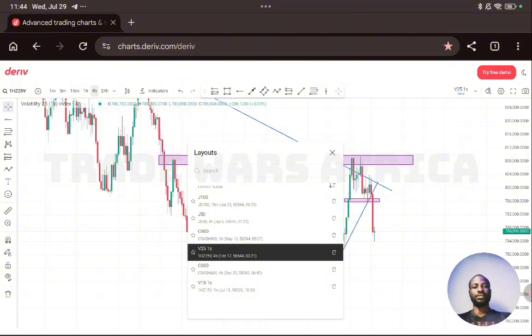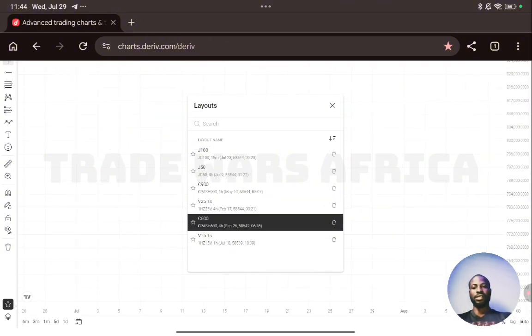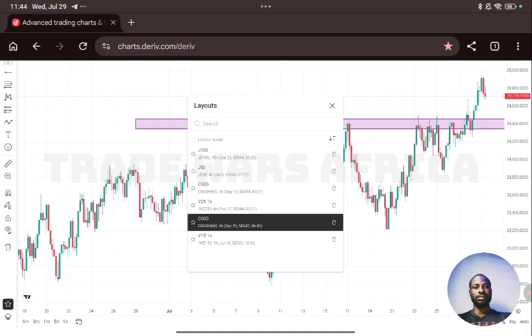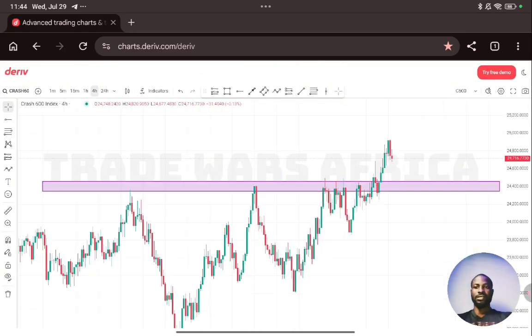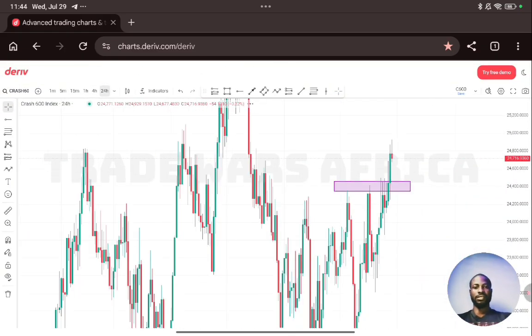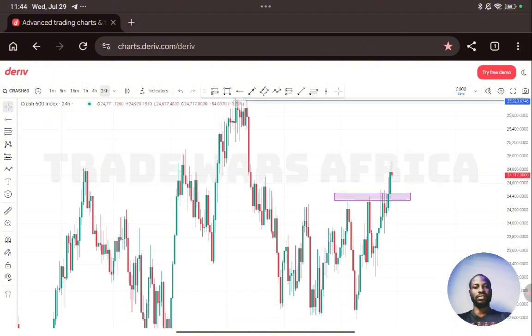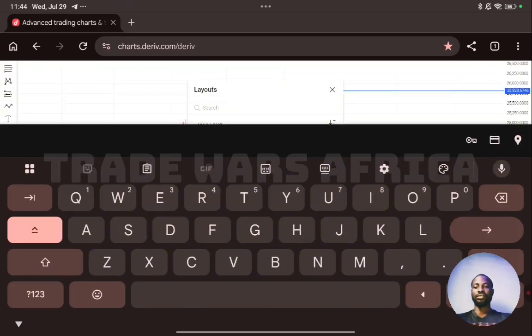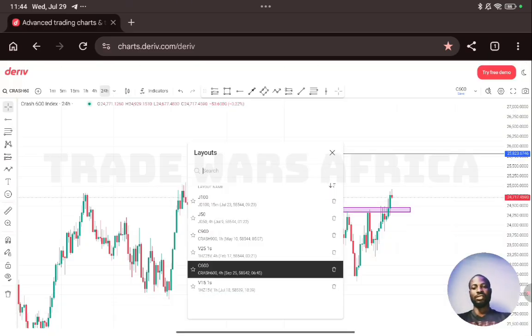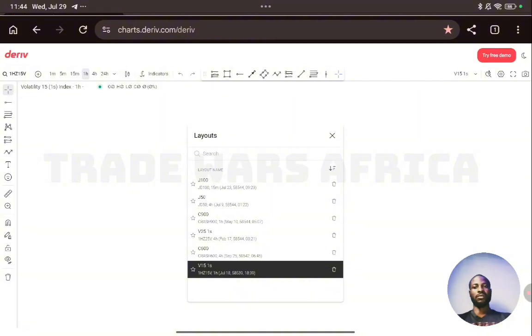And the last one, last but not the least, the same thing goes for this, expecting a retest to this zone. I think we have a long way to go for these ones. The only one I have short potential on is the one I'm currently in.